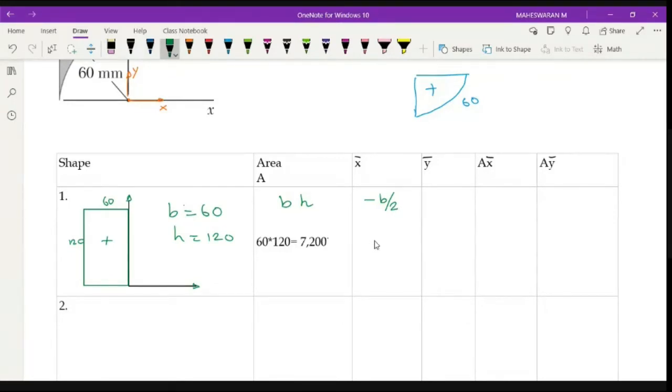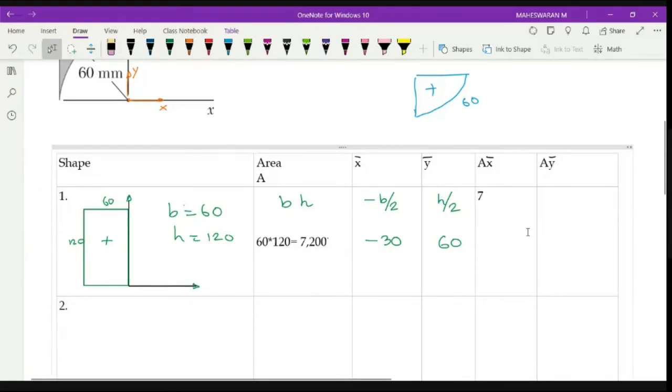So minus b by 2 is minus 60 by 2, which is minus 30. Next, y bar. In the second quadrant, positive, h by 2. H by 2 is 120 by 2, which is 60.